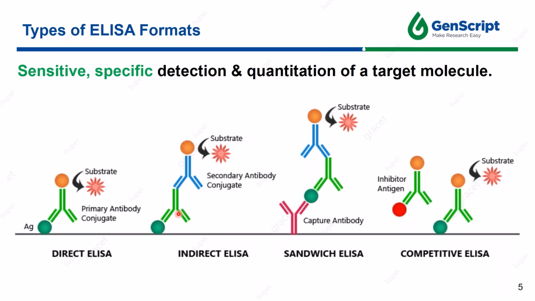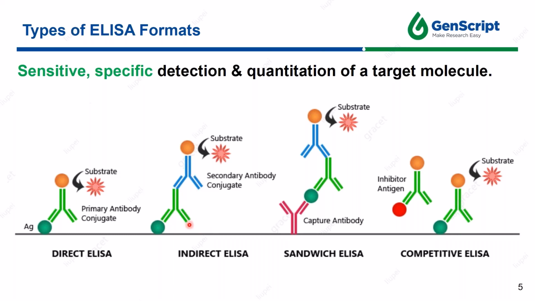The indirect ELISA method has a higher sensitivity since more than one labeled secondary antibody can bind to the primary antibody. It's more economical than the direct ELISA because fewer labeled antibodies are needed.